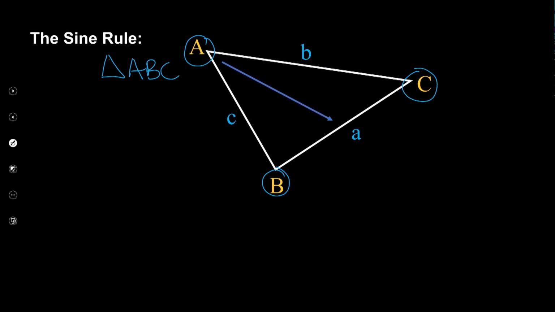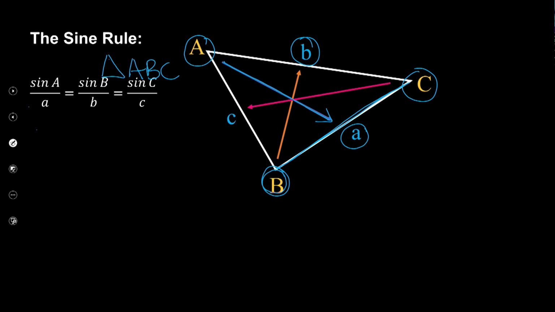The side directly across A is labeled with a lowercase of the same letter. So across angle A, we have lowercase a, which represents this side, BC. When we have uppercase B, the side directly across it is labeled with a lowercase b, and similarly for C and little c.